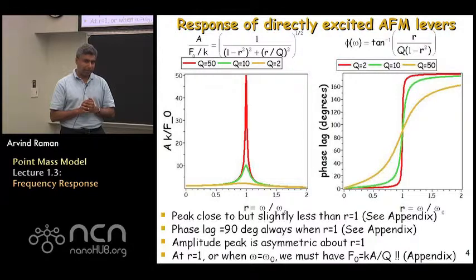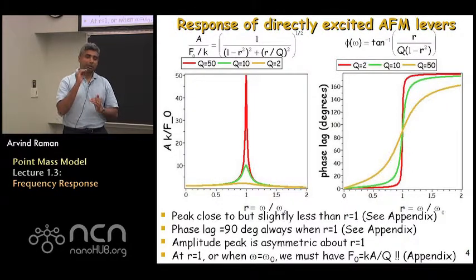However, if you look a little carefully, especially at low values of Q, like the one at Q equal to 2, you actually find that the peak amplitude occurs at a frequency just below omega naught. So it's not exactly that omega equals omega naught means you're at the very top of the resonance peak.